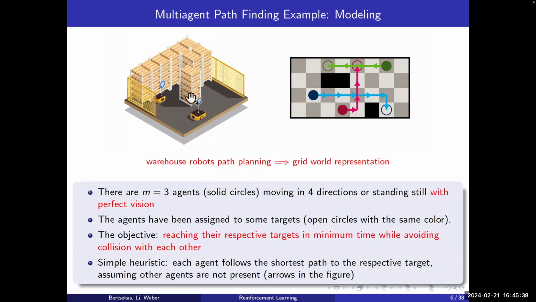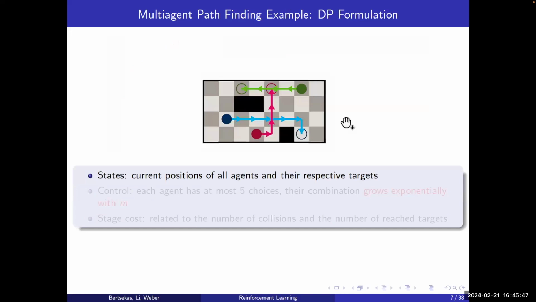multi-agent path finding problem inside the warehouse environment, we first abstract it to become a grid world representation. The next step is to go to the mathematical terms and derive the dynamic programming formulation for it. Once we get to this stage, the state should be all the information that can be useful for control selection purposes.